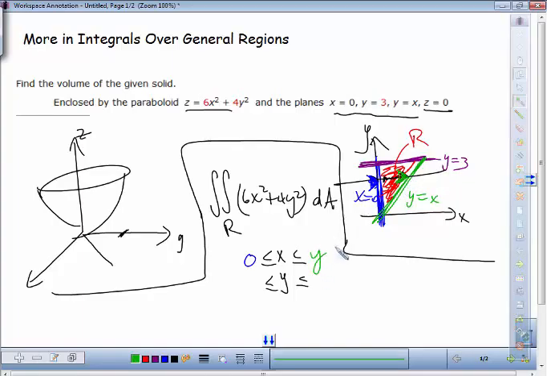So those are our limits. Once you've got those limits out of the way, now you're in constant mode. Y goes from what to what? Y starts here at 0, and then it goes up to y is equal to 3. Okay?